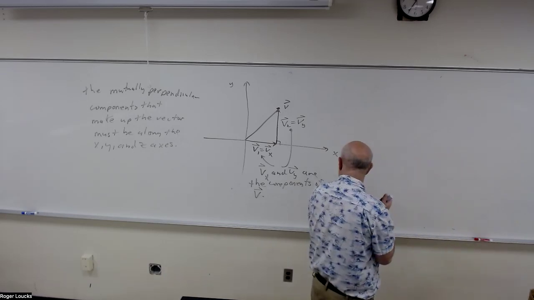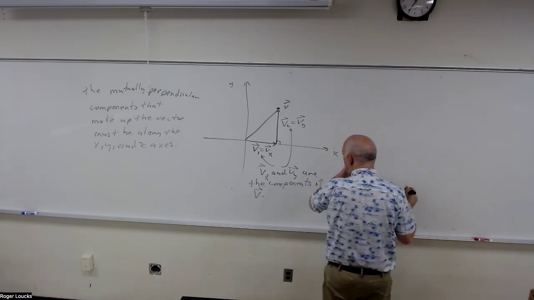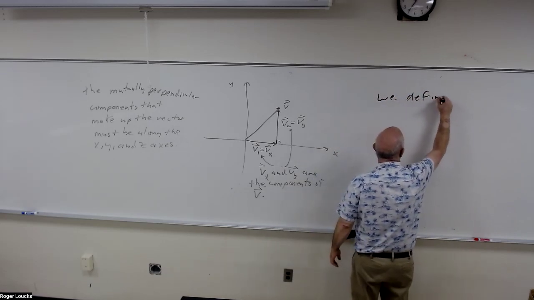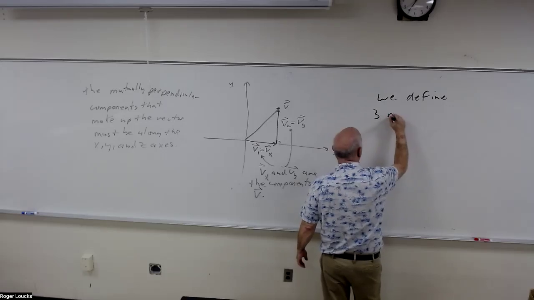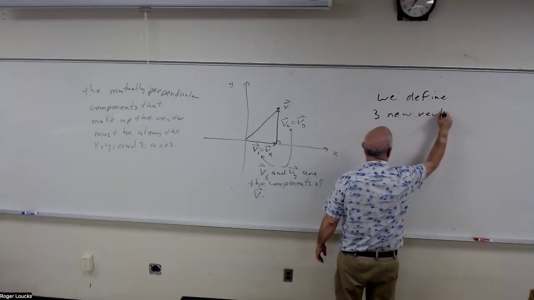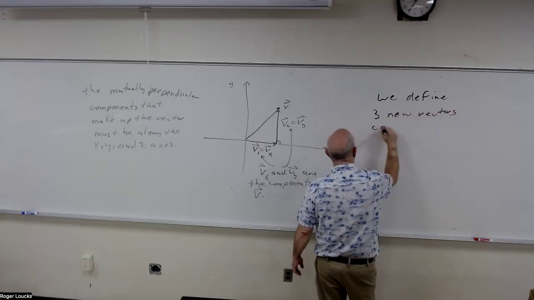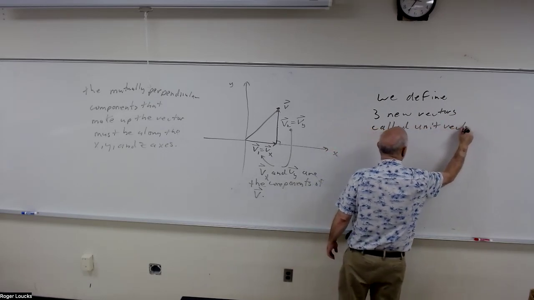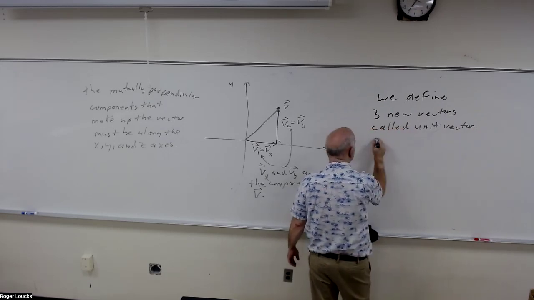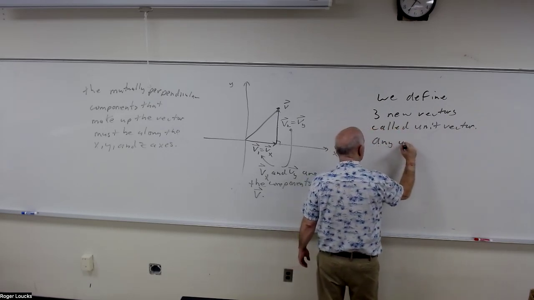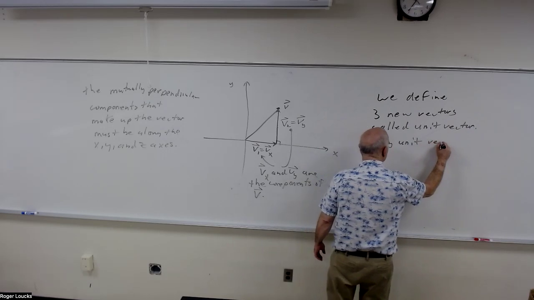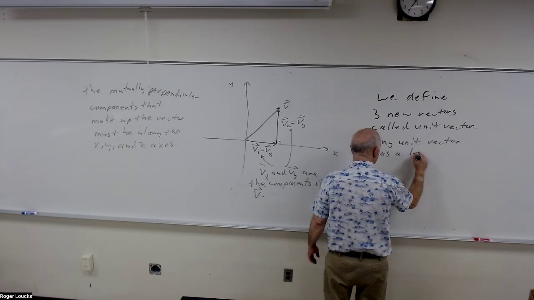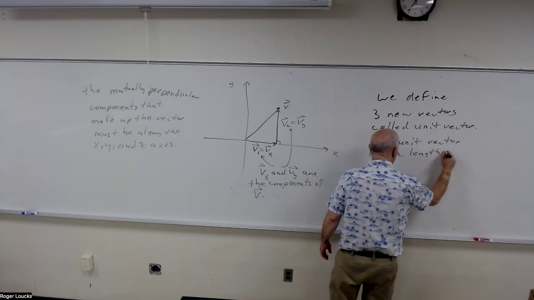Okay, so let's see what we can do here. We define three new vectors called unit vectors. Any unit vector has a length of 1.